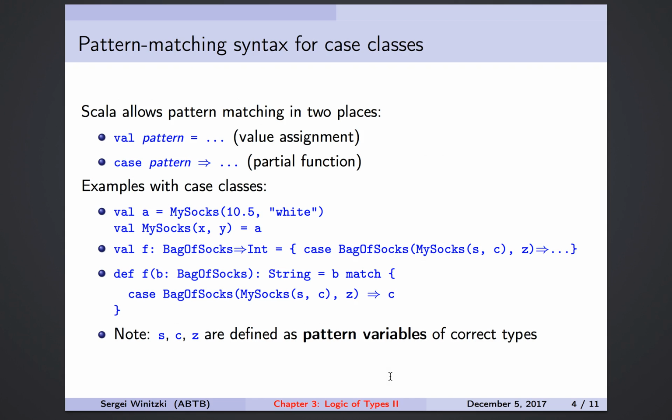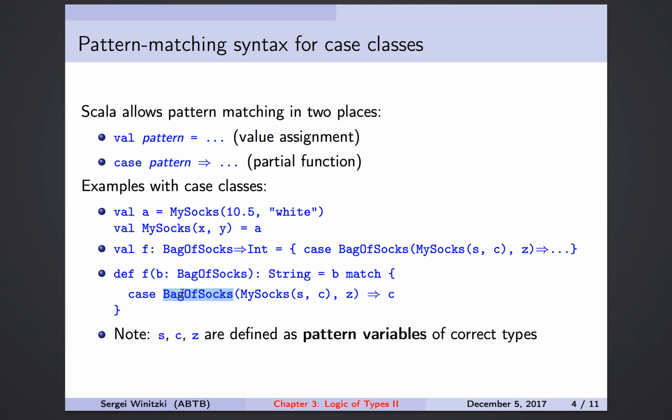So for case classes, there is another major convenience, which is this pattern matching syntax. Before we have seen pattern matching syntax for tuples. A very similar one exists for case classes. You just specify the name of the case class, and that's otherwise the same syntax as with tuples.